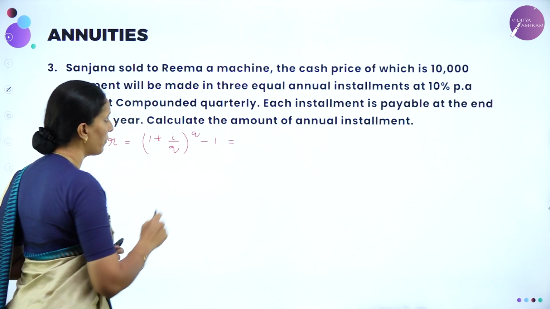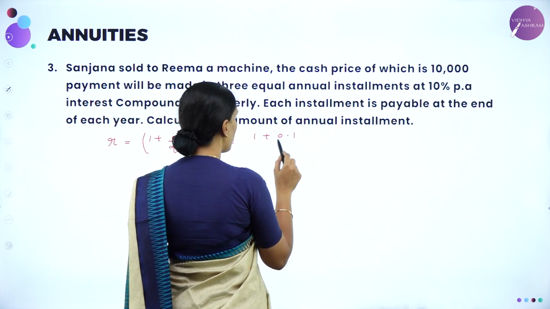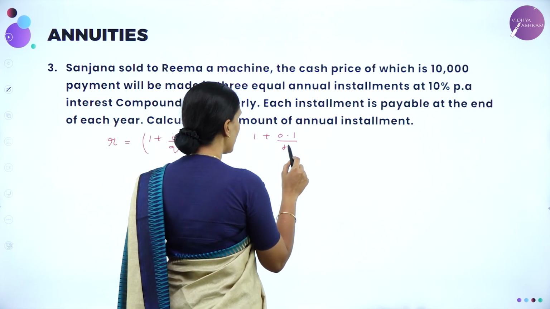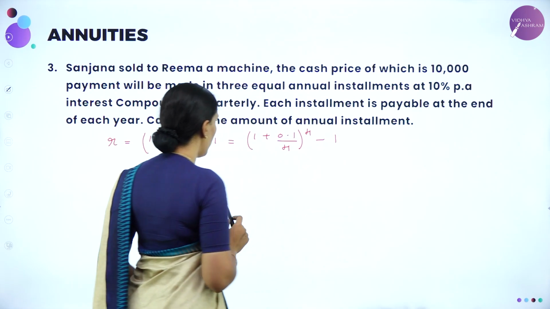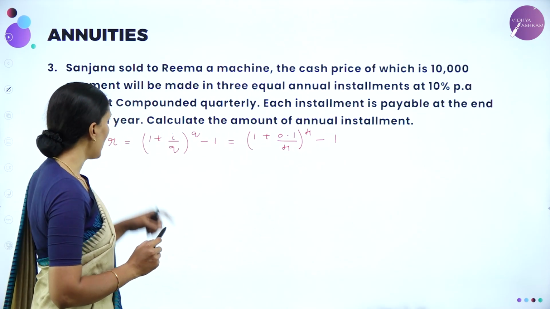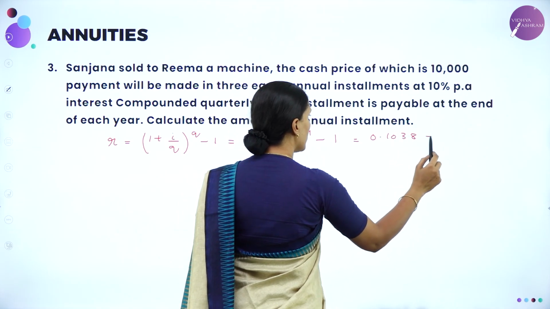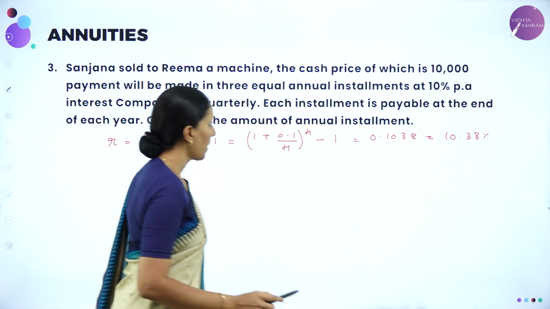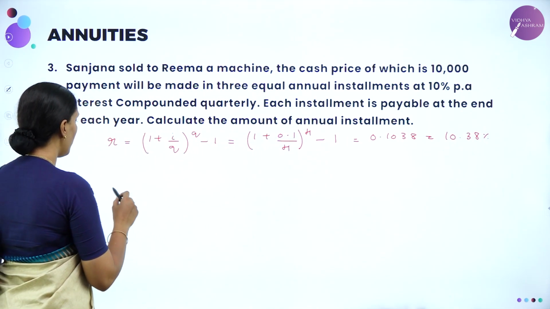Because the rate of interest is 10%, here it is 1 plus 0.1, and compounded quarterly means the number of compounding periods in a year is 4, minus 1. So solving this, we'll get R is equal to 0.1038. So that is 10.38%.